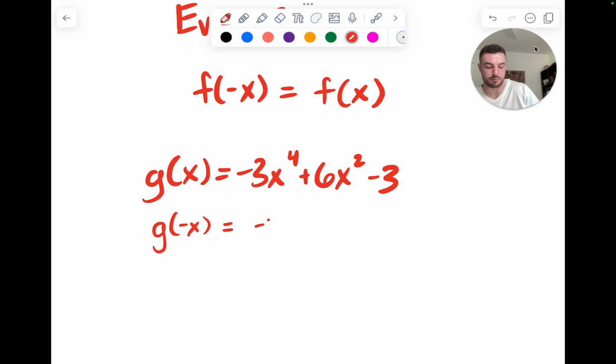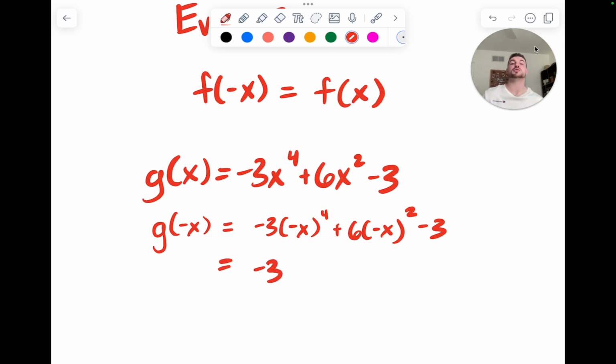So I'm going to replace all of my x values with negative x's. And I get negative 3. Well, anything to an even power that's negative is going to become positive. So it just becomes a positive x to the 4th. And the same thing is going to be happening over here when I square a negative value. It just changes to positive.